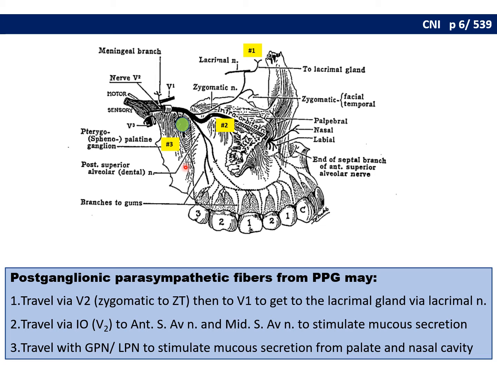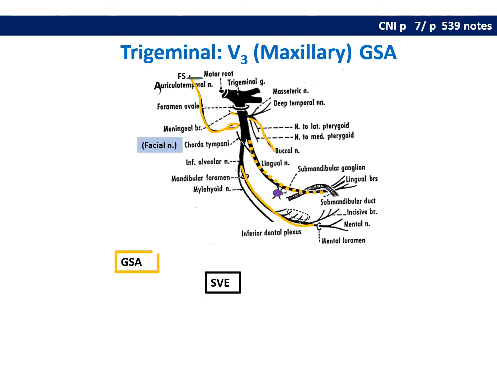Remember, however, these branches of V2 are all sensory, and it's these parasympathetic fibers from the facial nerve, which are GVE fibers, that innervate these glands in the mucosa. The third division of trigeminal, the mandibular division, is both motor and sensory, SVE and GSA.